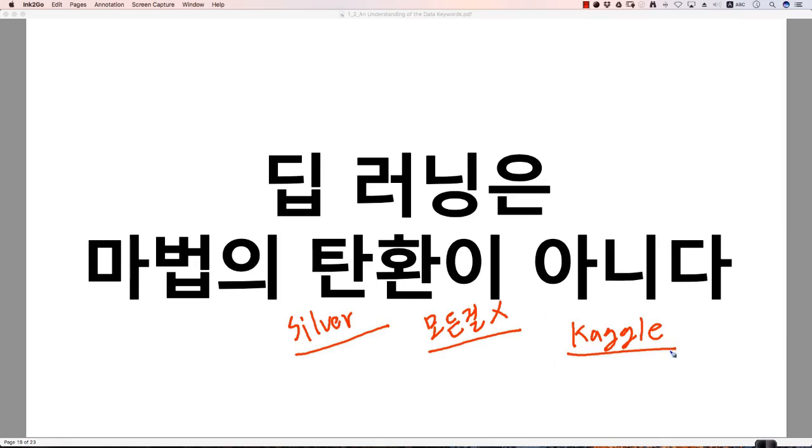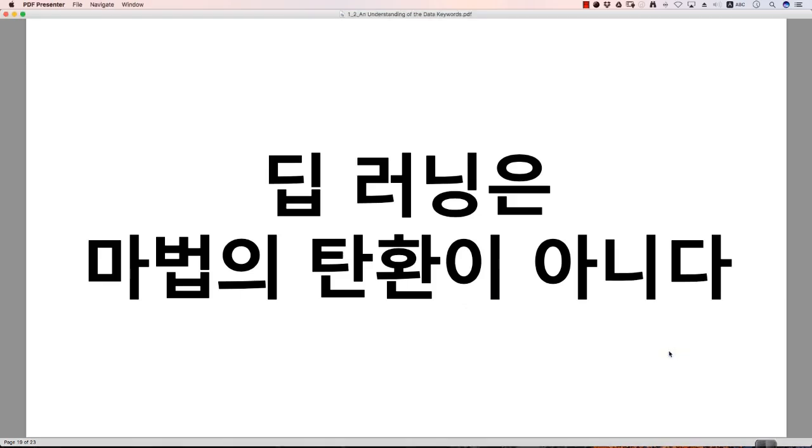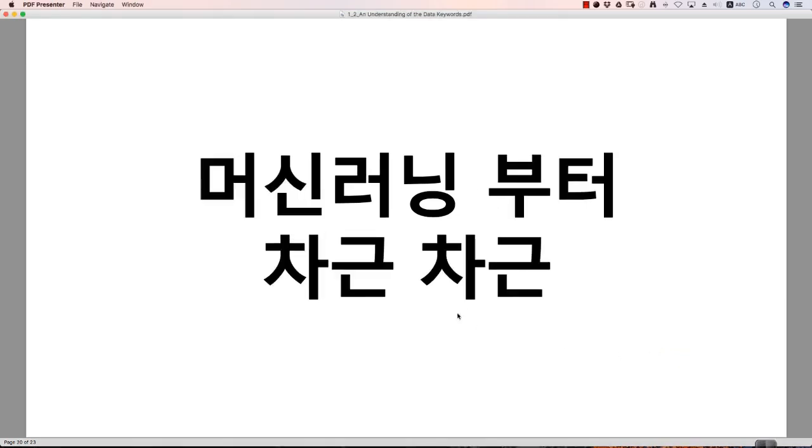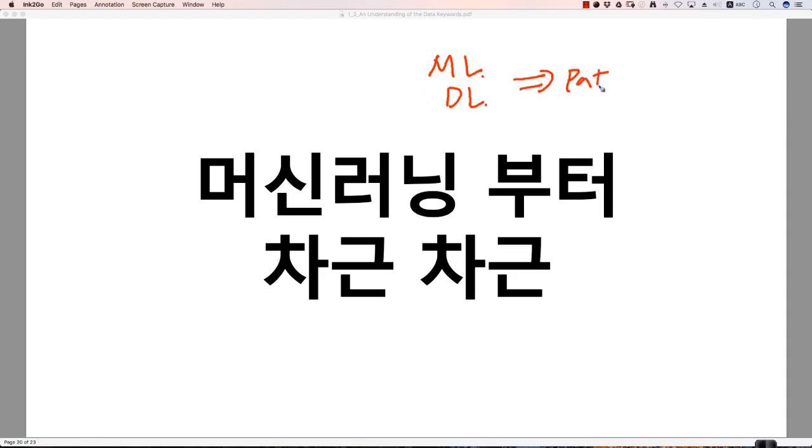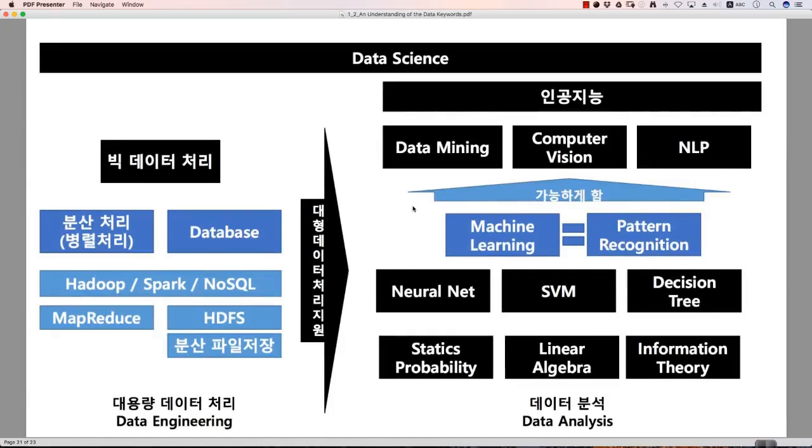So I want to emphasize that deep learning is not necessarily the only answer. Of course, deep learning will continue to develop in the future. So whether it's machine learning or deep learning, our initial goal is to find meaningful patterns from data. For those who want to find these patterns, I recommend starting with machine learning step by step, rather than jumping straight into deep learning. Let me talk about the big picture.